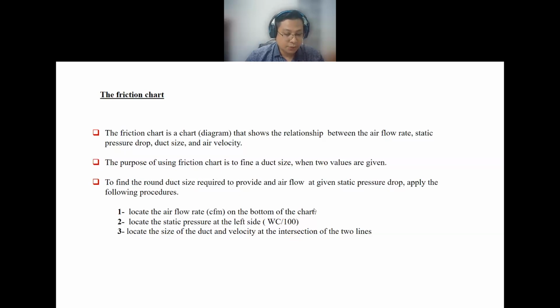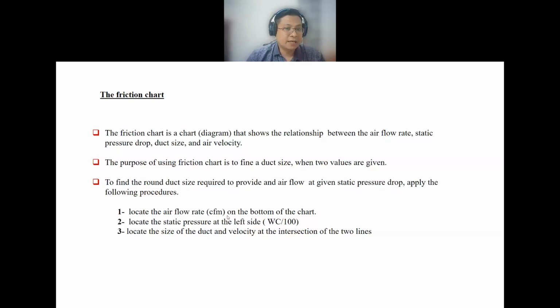So how we plot the chart is based on two parameters, and these two parameters give the intersection line, and from there we get the other parameters, like duct size, and also, I forget. We will check later what information.